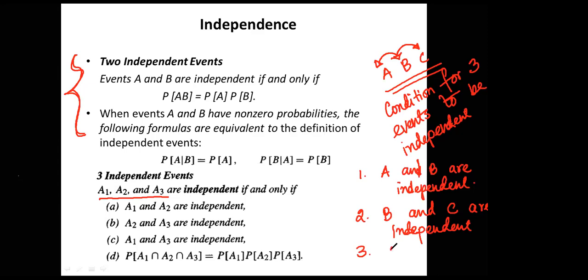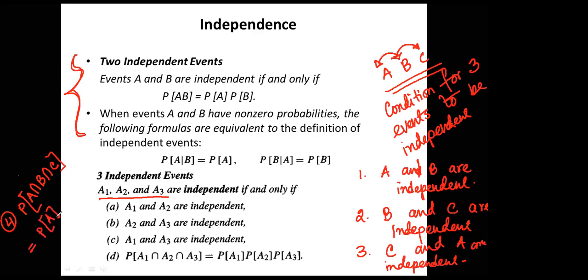Number 3 is C and A are independent. And number 4, what is number 4? Number 4 is probability of A intersection B intersection C has to be equal to probability of A multiplied by probability of B multiplied by probability of C. So these are 4 criteria that have to be fulfilled for A, B, and C to be independent. Is it clear?